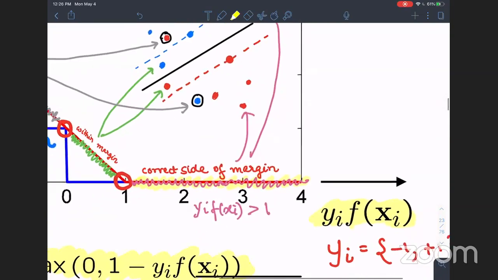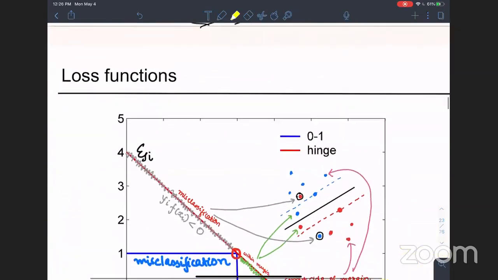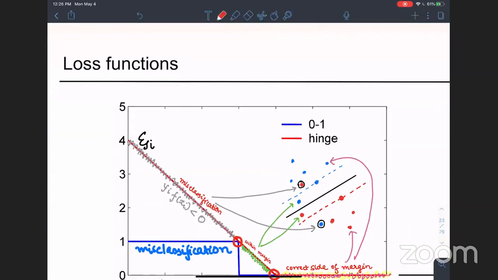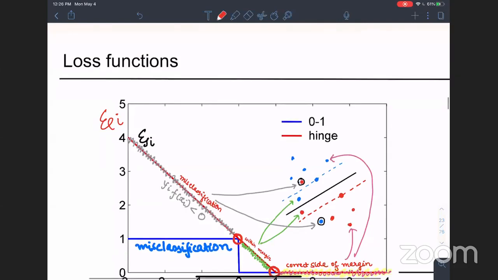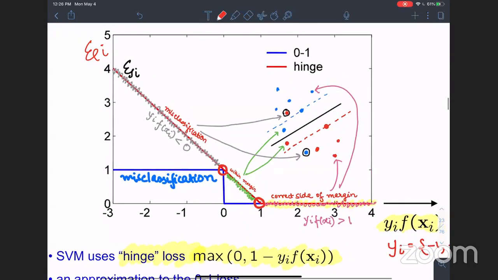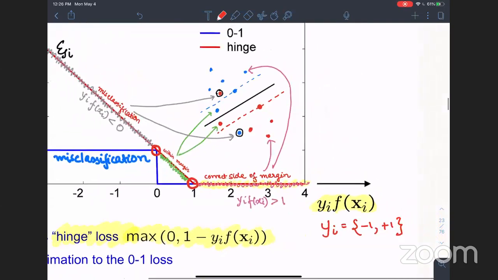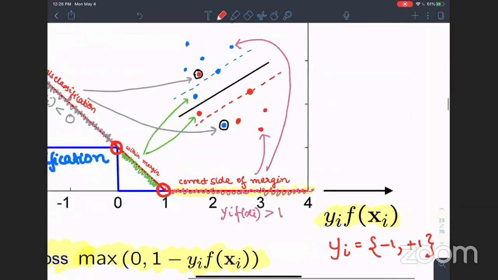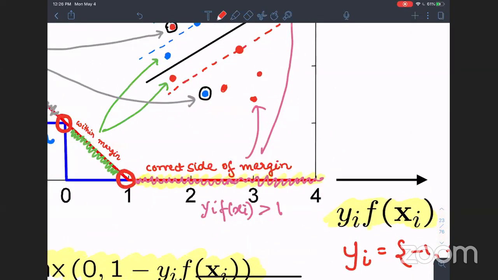In this case, you can see that this is basically my loss, eta I. I'm finding how much error I'm making. So if my yi/fxi is greater than 1, these circle points, just keep an eye on this one, that means I'm along this axis, on the correct side of the individual margins.